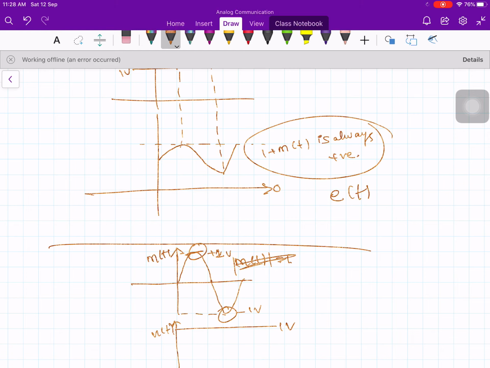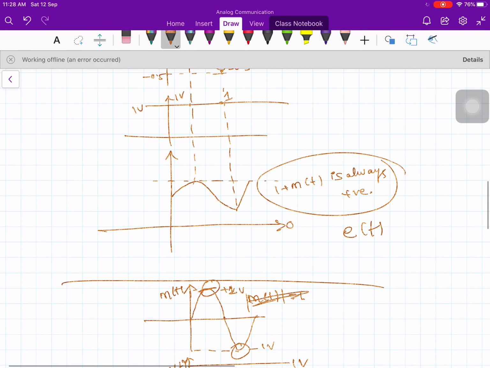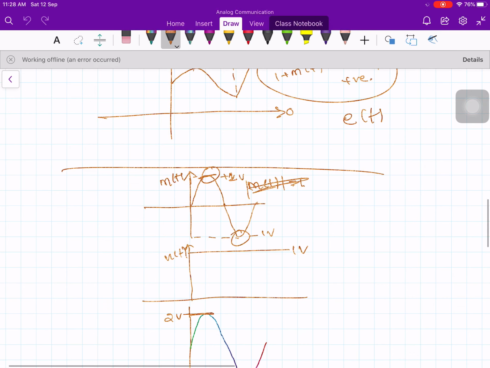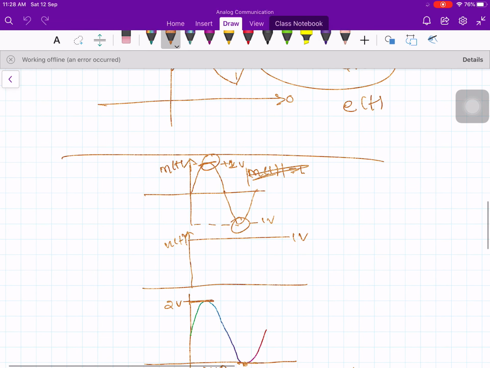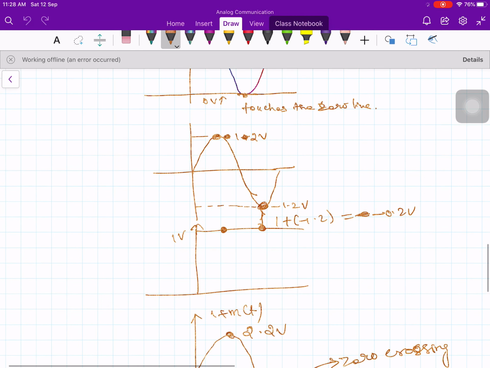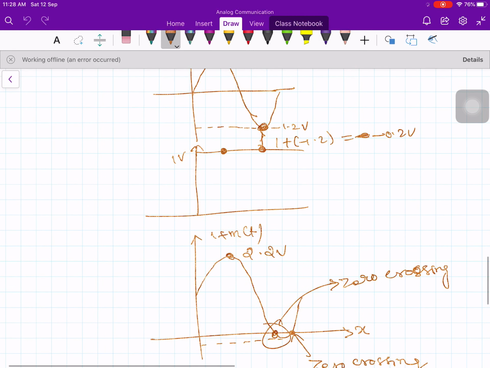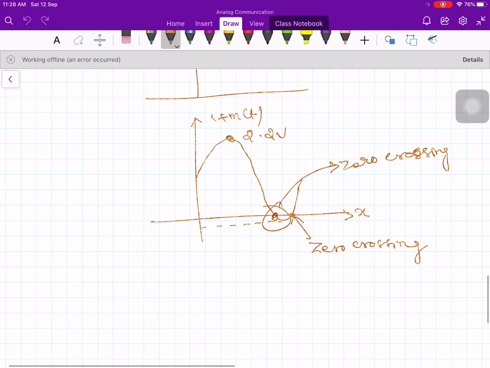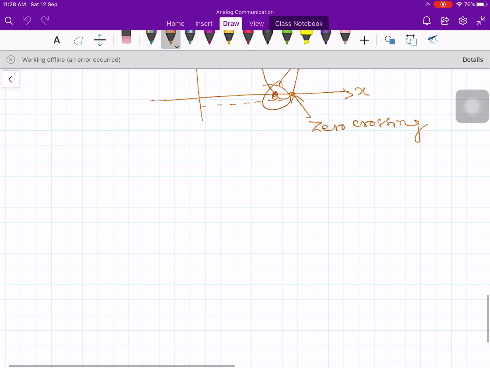E of t will always be a positive quantity. You can think of this as the envelope of the waveform. So the envelope is always positive, and E of t has the shape of m of t. Shape does not change, but it is lifted, that's it.